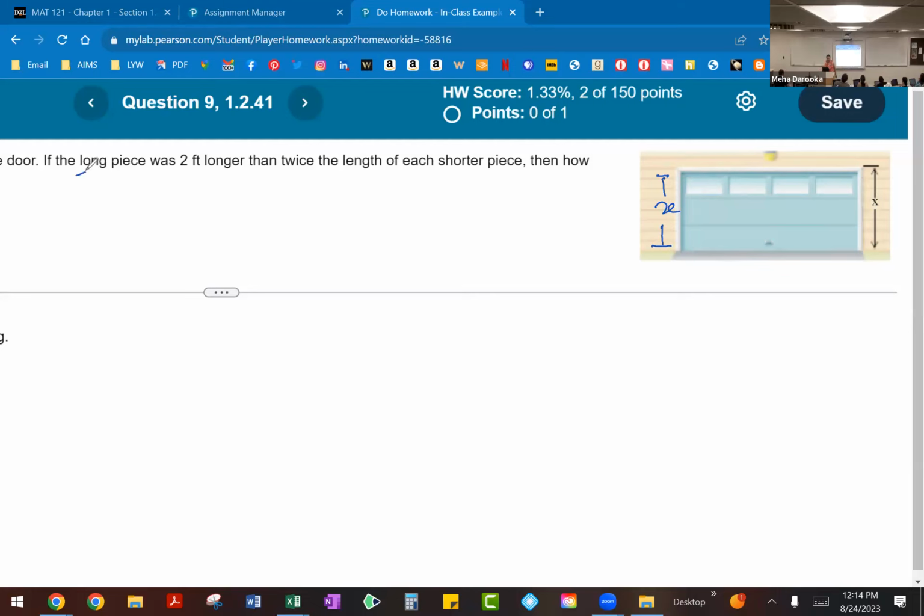Then they're telling you the long piece was 2 feet longer than twice the length of each shorter piece. How would we write that out in terms of an equation? Long piece equals 2 plus 2X.